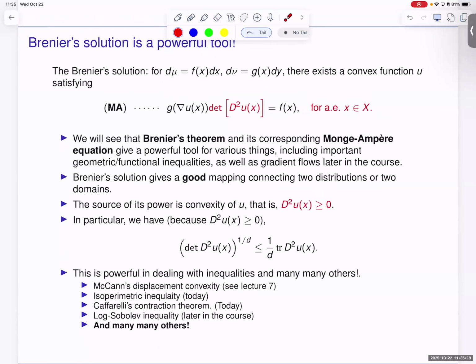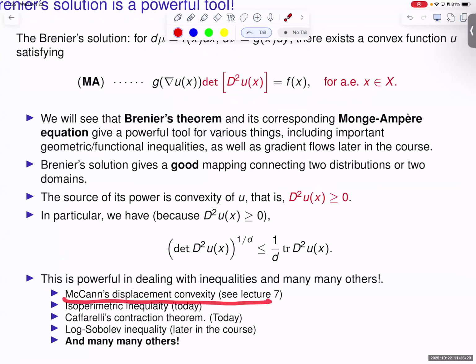And one of the reasons why the optimal transport mapping, the Brenier solution, has some nice properties: you already learned this, displacement interpolation, right? Displacement convexity. This nice property actually came from a property of the Brenier solution, and that can be seen from the Monge-Ampère equation.